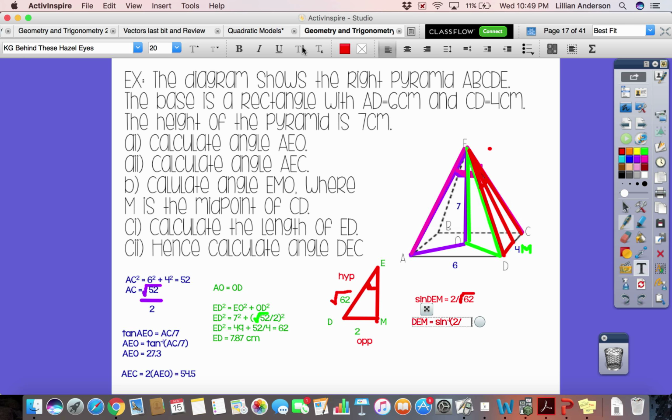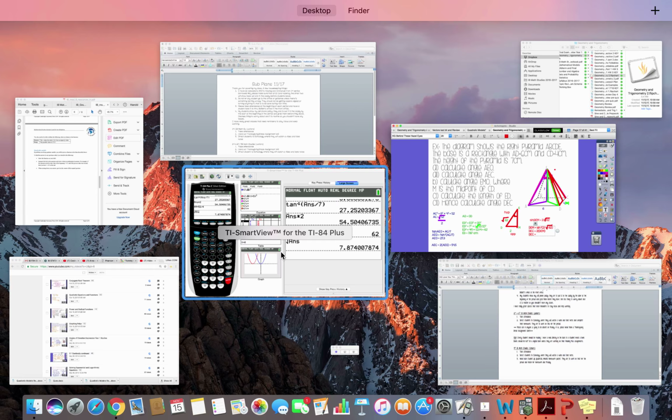Now to find the actual answer of what we're really trying to find, which is angle DEC, all we have to do is double the measure of DEM. So I'm going to do two things in one. I'm going to do the sine inverse of 2 over the square root of 62 to get us the measure of angle DEM, and then I'm going to double it.